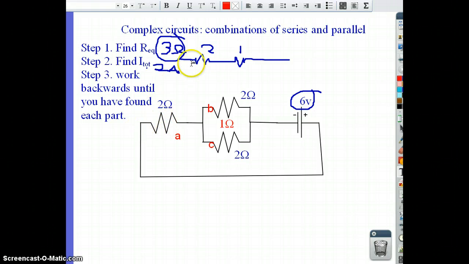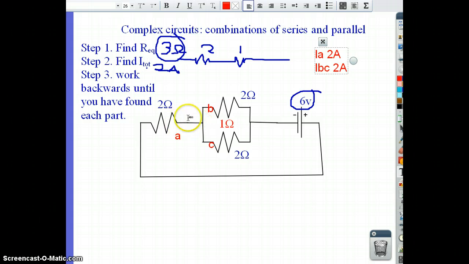Well, being that resistor A is in series with resistors B and C here, so I'll just call it resistor BC, we would say the total current is equal to the current in both of them. So, capital I, current A is going to be 2 amps, and current BC is also going to be 2 amps.